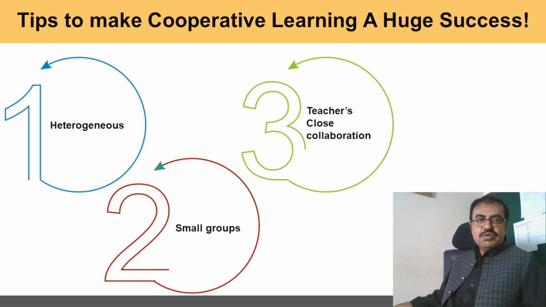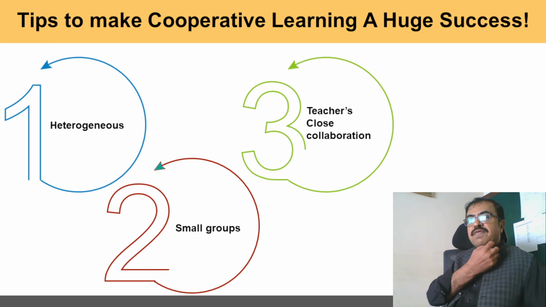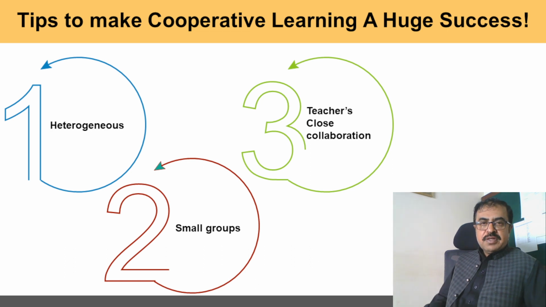At last, we'll come to the tips for cooperative learning success. If we wish to achieve success in its true letter and spirit, then cooperative learning needs to abide by a few tips. The first is heterogeneous. What is heterogeneous?